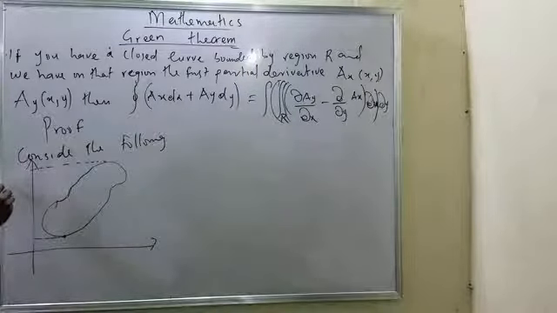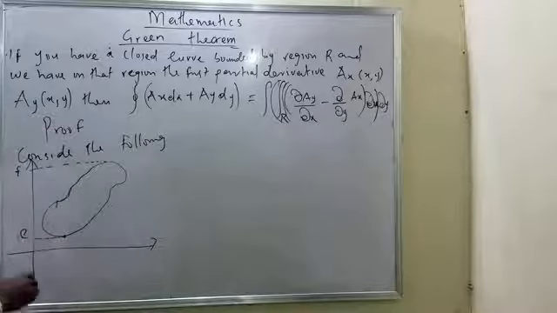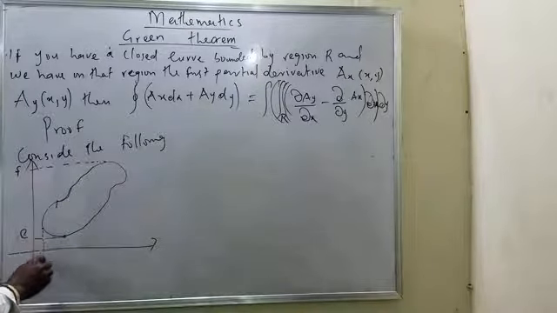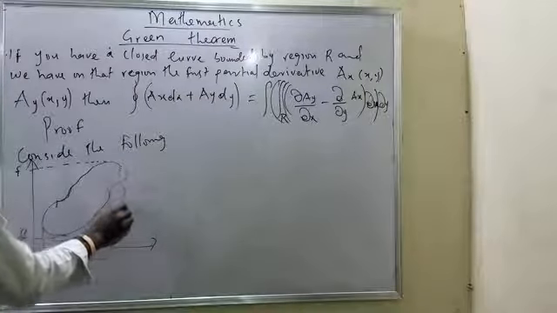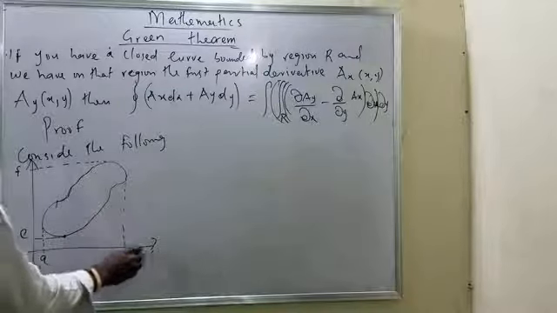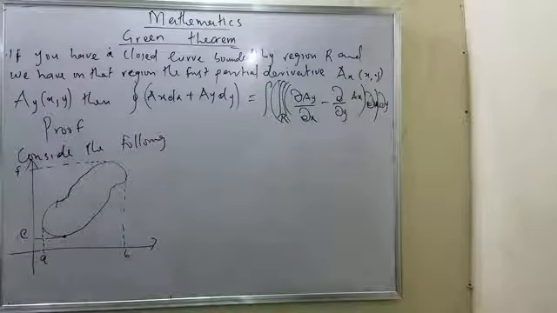This one can be F, this one can be E. This one can be A, and this one can be B.